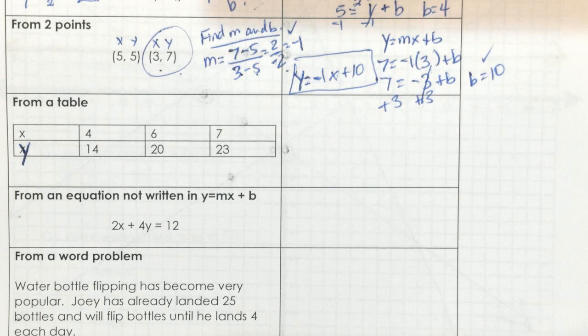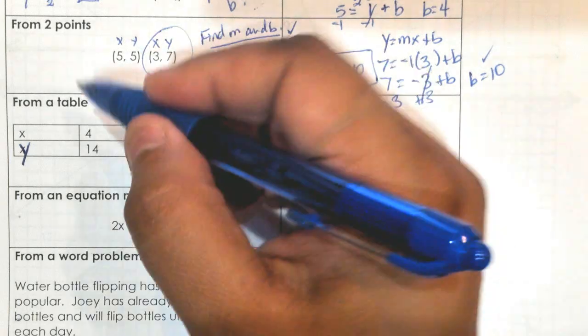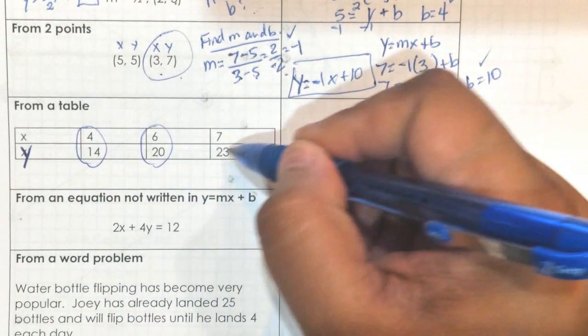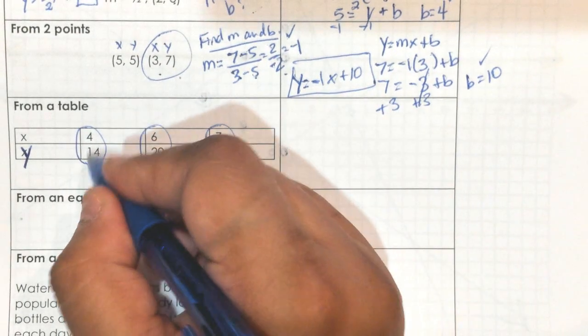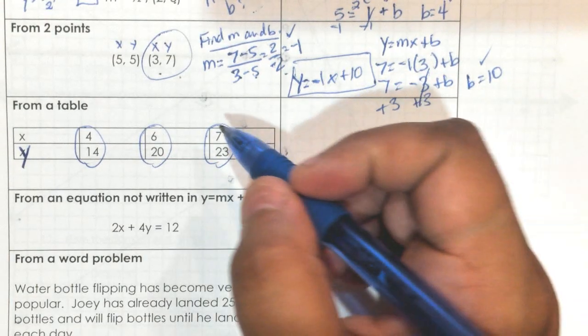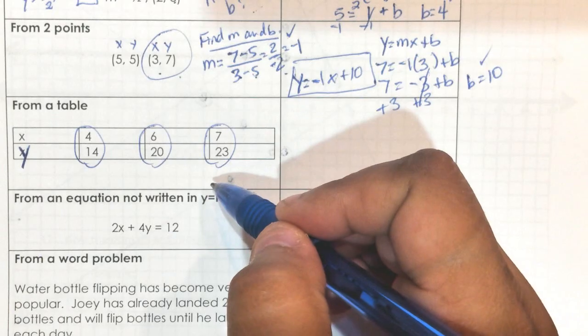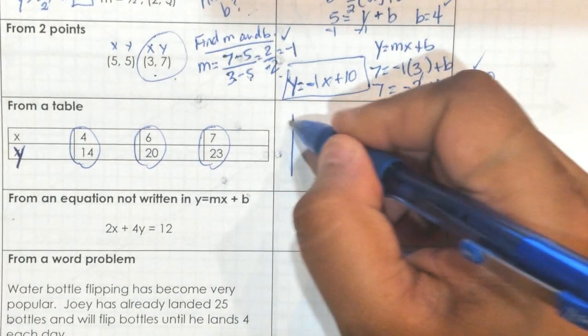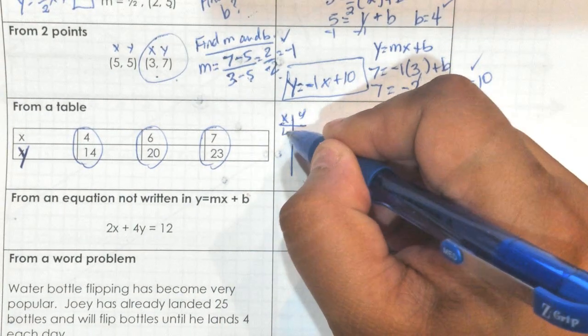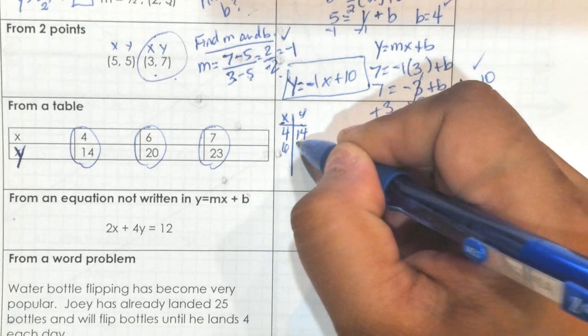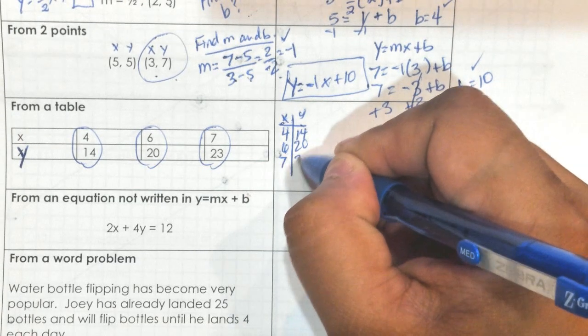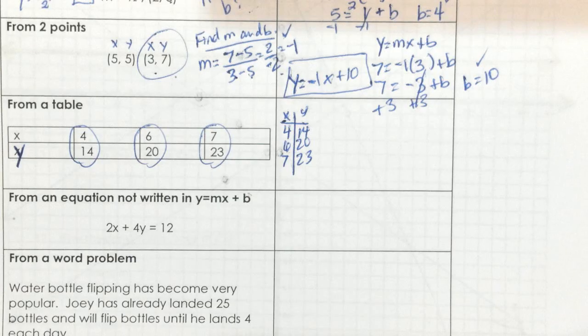All right, so now from a table, you have x's and you have y's, and these are points. This is a point, this is a point, this is a point. Usually you see an XY table vertical with X on the left, Y on the right. But we'll go ahead and look at this. Okay, so I can flip-flop this around, and usually you see 4, 14; 6, 20; 7, 23, like that.